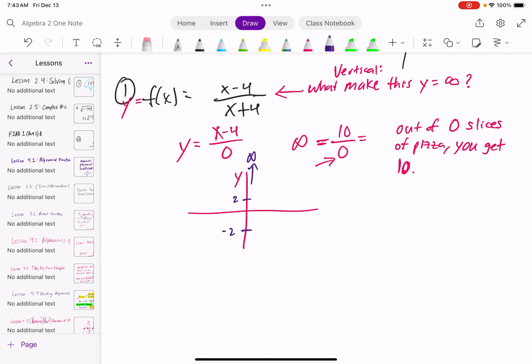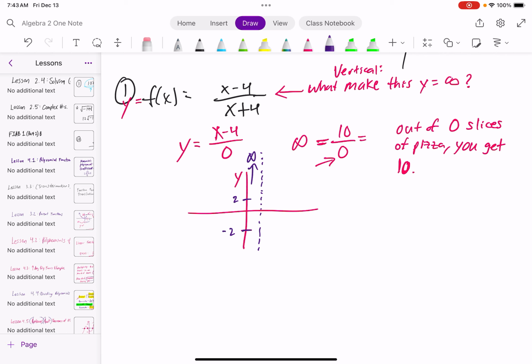So how can we make this jump to infinity? That would be our vertical asymptote. Something that you can never get to. It's going to approach infinity, but no function will really get there. So this is going to be our vertical asymptote.